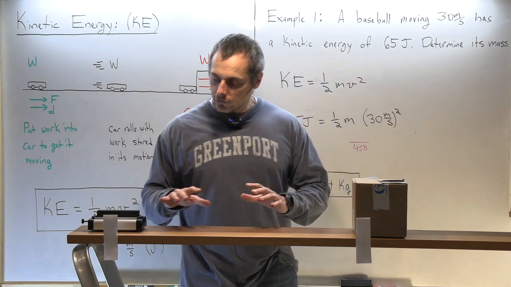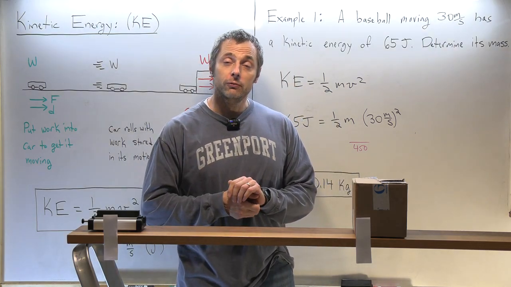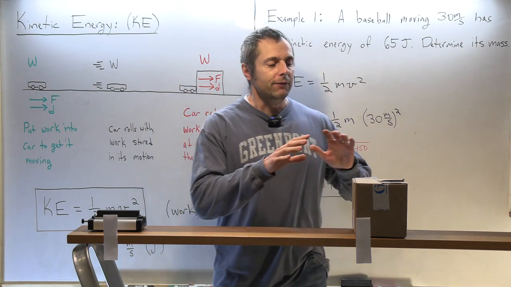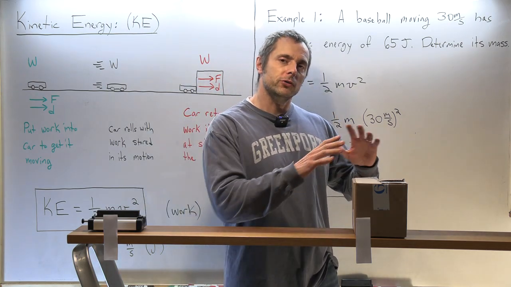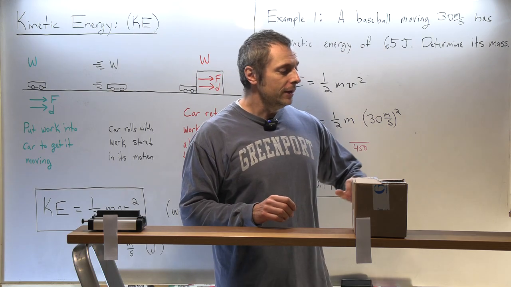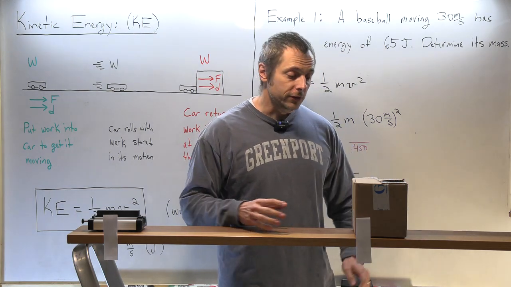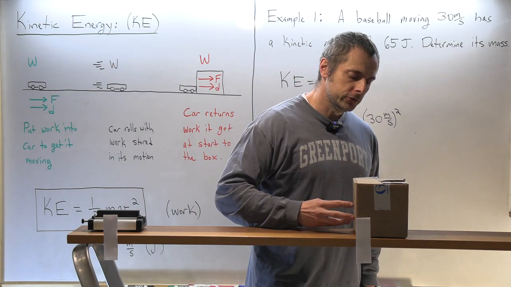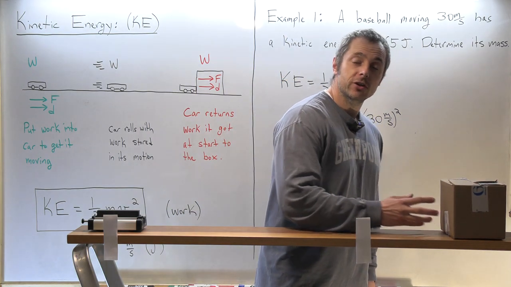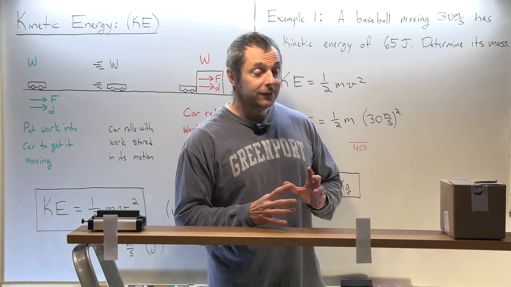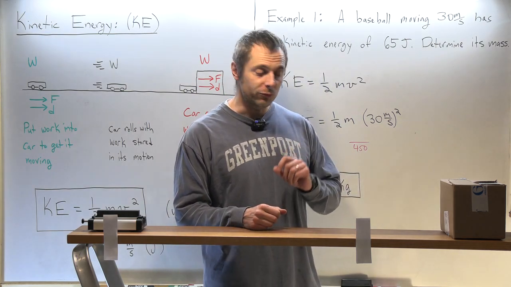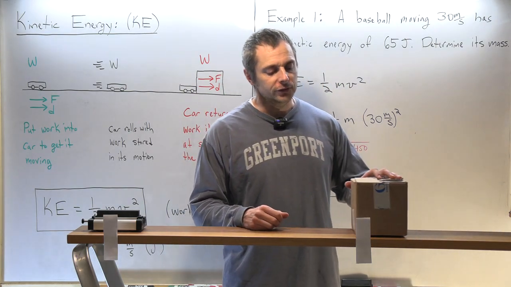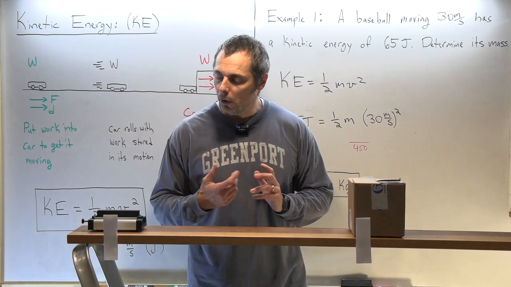What I have set up here will hopefully allow you to see that. I've got a box over here, and let's suppose I want to slide it across the table, or across this board, to the side. What I obviously have to do is put work in. I put force times distance, so I did positive work to slide the box. But what if I didn't want to touch the box and I wanted to do it remotely?